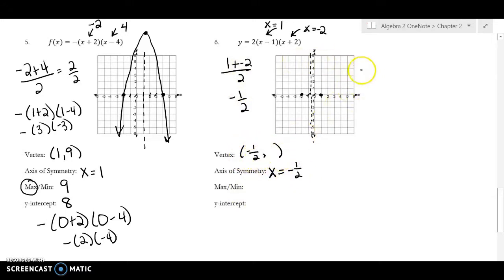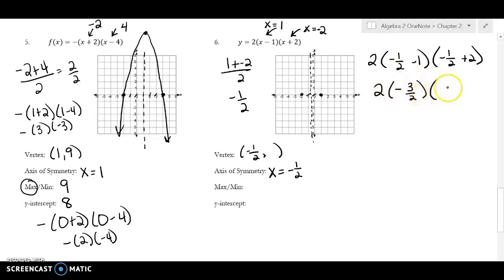So now to find out the other values, I'm going to plug them in. And so this is 2 times negative 3 over 2. And then this is just 3 over 2.